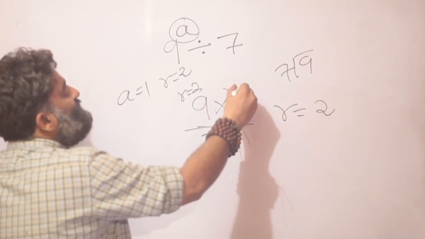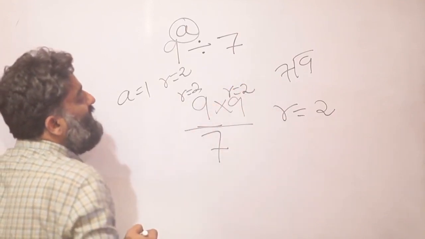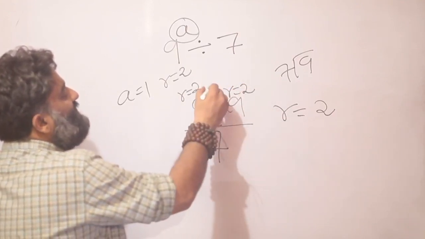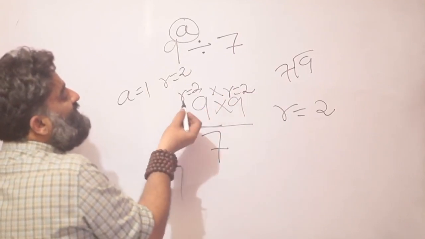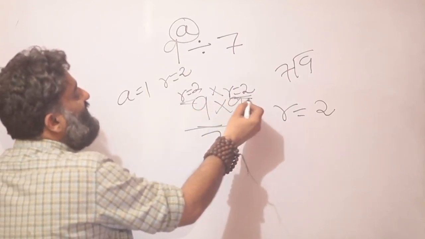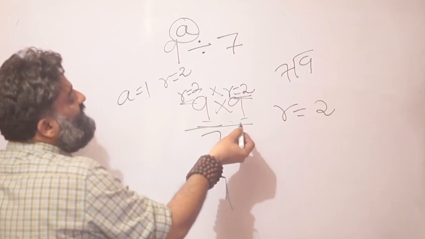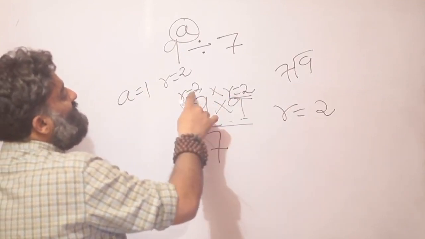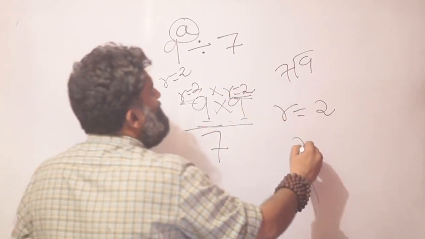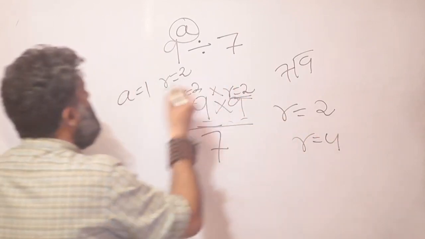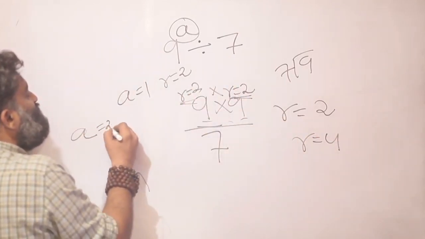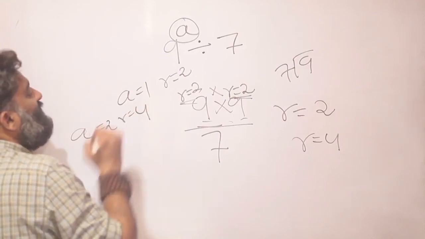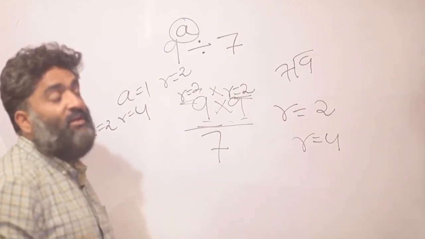This 9 will also give you a remainder of 2, right? So your overall remainder, this is what we learned in the previous video, and we are repeating the idea here. Whatever is happening to the dividends is happening to the remainders. So my overall remainder would become 2 into 2, my remainder would be 4. That means when a is equal to 2, remainder is equal to 4, right?